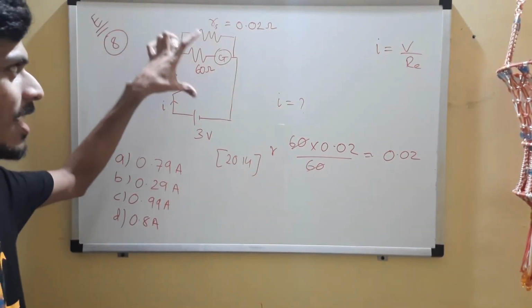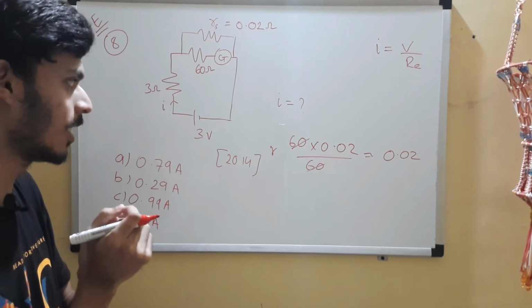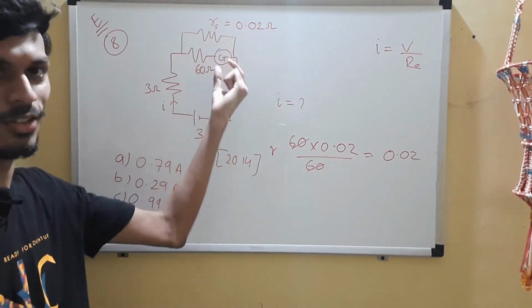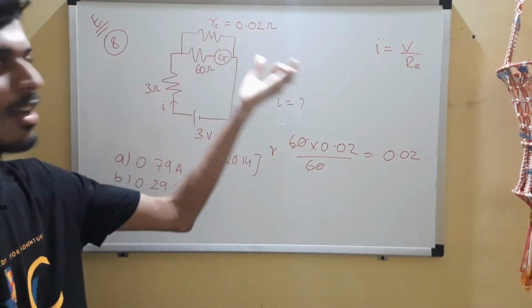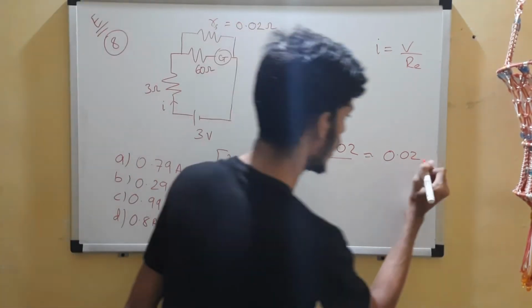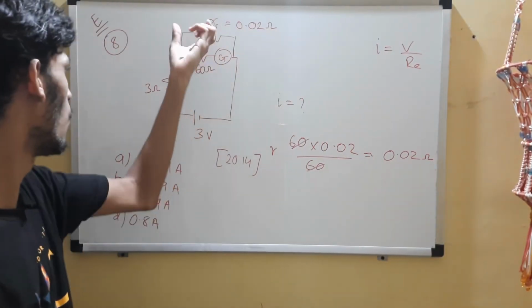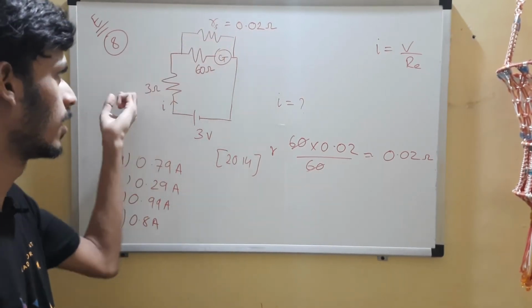These two are in parallel combination, right? The resistance, if you go to calculate it, will be less than either of the two. But here we have made some approximation, and that's why it's coming equal to this one, 0.02 ohms. And now this 0.02 ohms is in series combination with this one, 3 ohms, right?